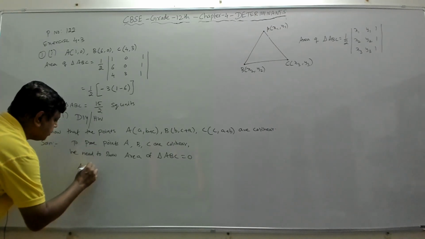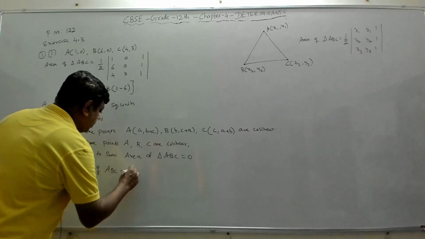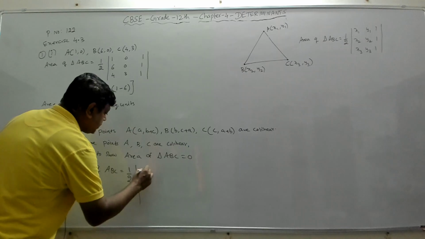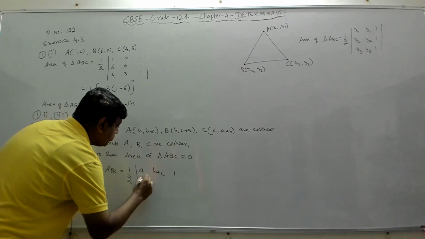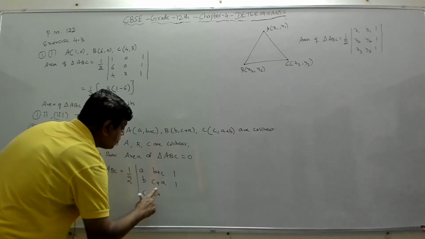Area of triangle ABC is equal to 1 by 2 of the determinant of x1 y1 1, x2 y2 1, x3 y3 1. So x1 is A, y1 is B plus C, then 1; x2 is B, y2 is C plus A, 1; x3 is C, y3 is A plus B, 1.